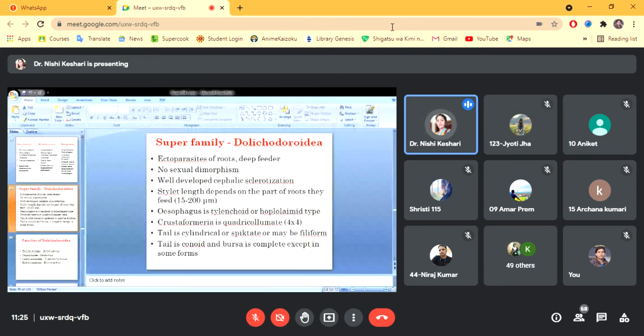So, no sexual dimorphism, because they are ectoparasites and they don't need to produce a large number of eggs. So both male and female are uniform. They have well developed cephalic sclerotization, and stylet length depends on the part of roots they feed. Under this superfamily, some nematodes may have a small stylet, some may have a very long stylet.